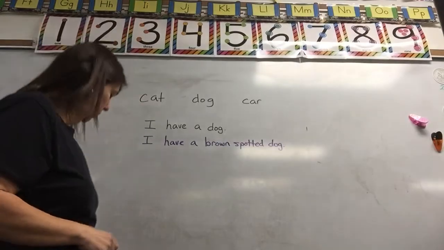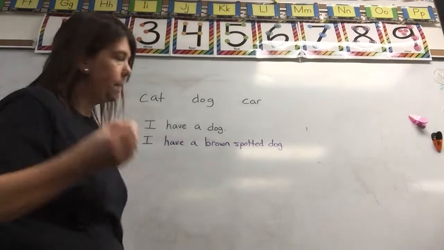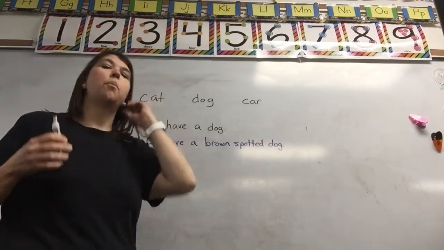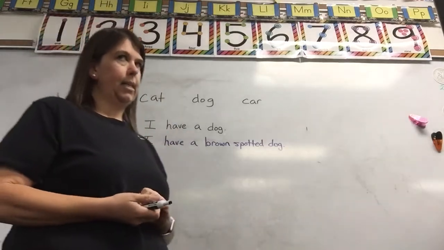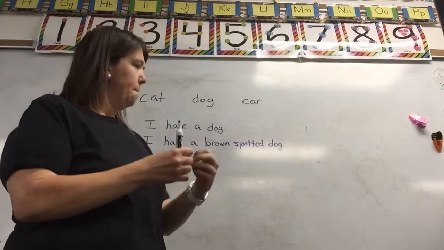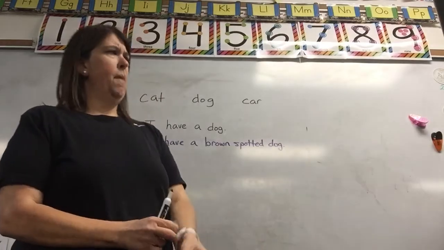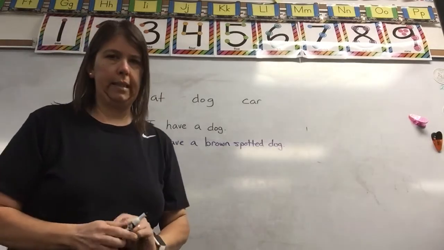But be careful. I told you I was going to try to be evil. Be careful, because the problem with adjectives that we tend to like to do when somebody says, make that sentence longer, make it have more detail, this is what we do.